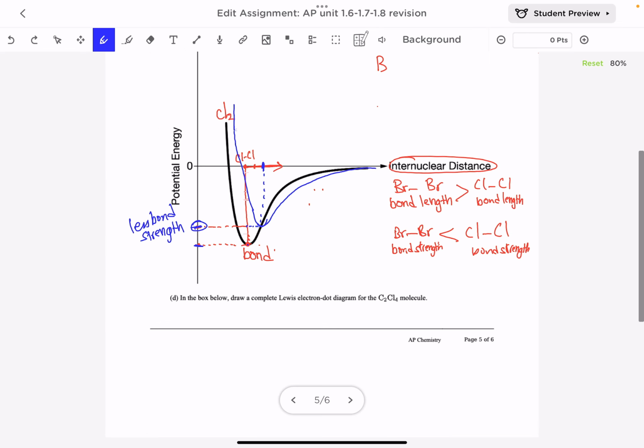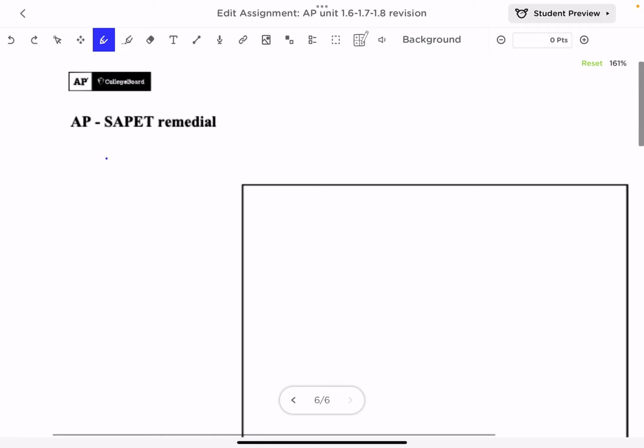Moving on. Now, in the box below, draw a complete Lewis dot diagram for the C2Cl4 molecule. Let's review the steps to draw it. First, we count all the valence electrons.